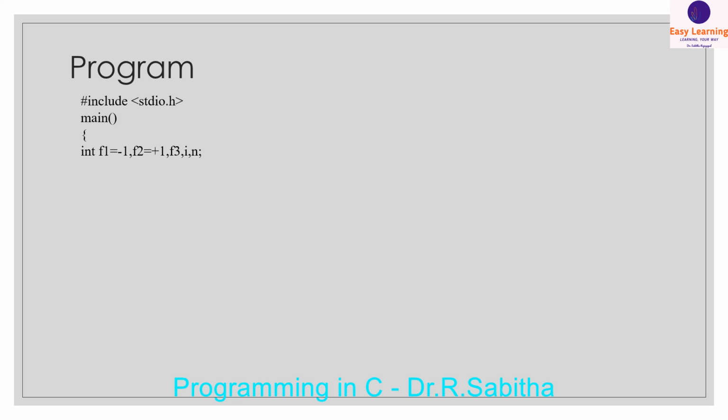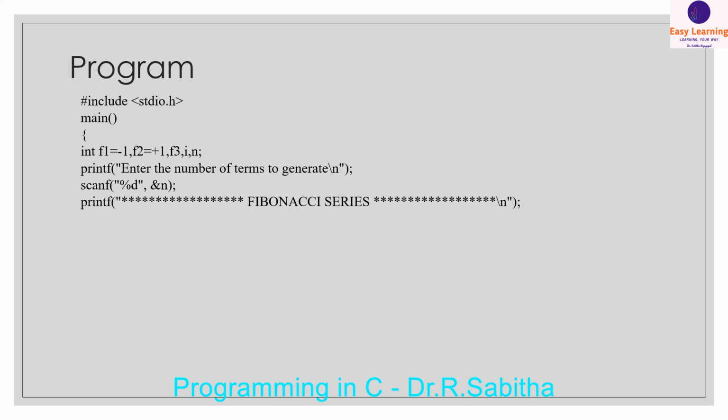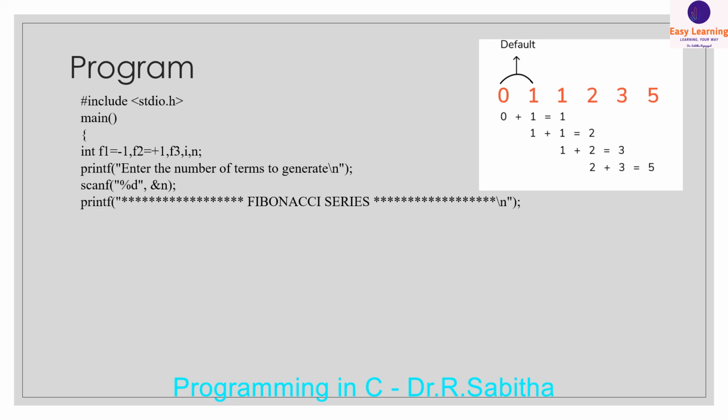To start off, we will get the number of terms to be generated. For example, if I want the first 5 terms to be printed, I will feed the value 5, which will be stored in the variable n. Then we will start printing the series. Because it is a continuous process, I am going to use the for loop construct.